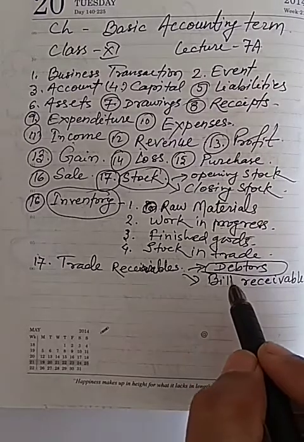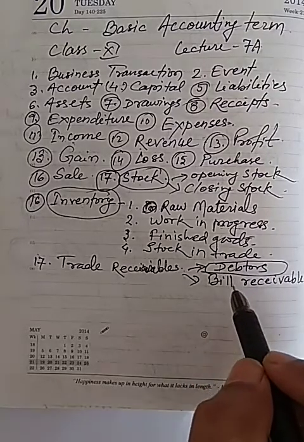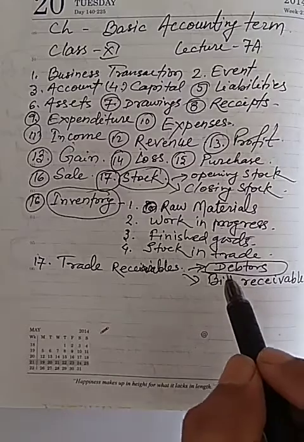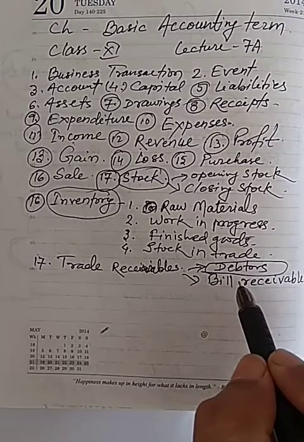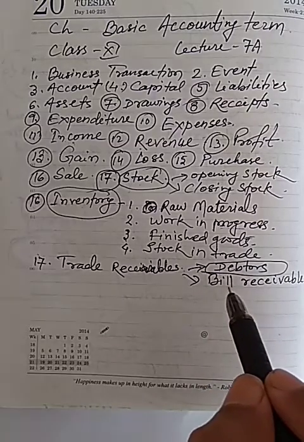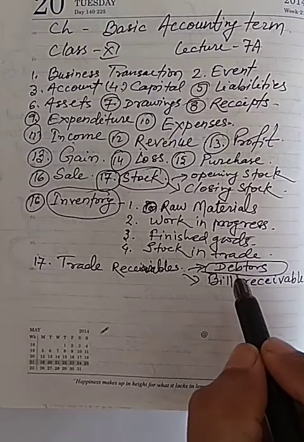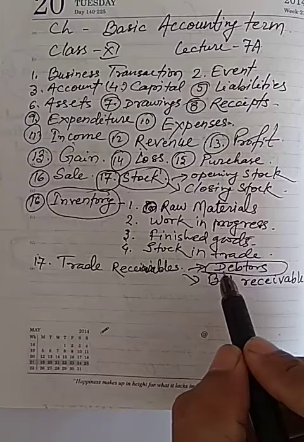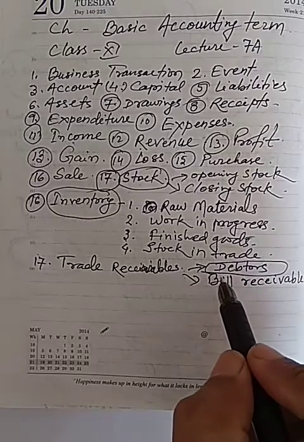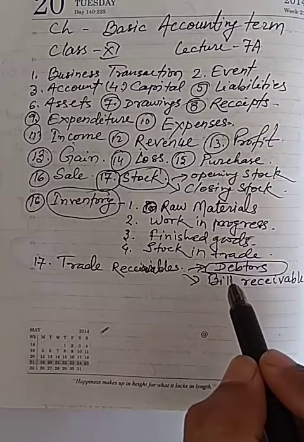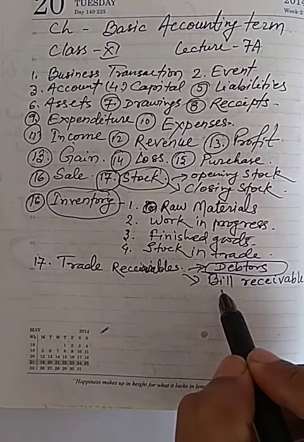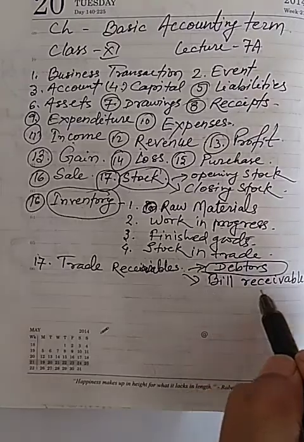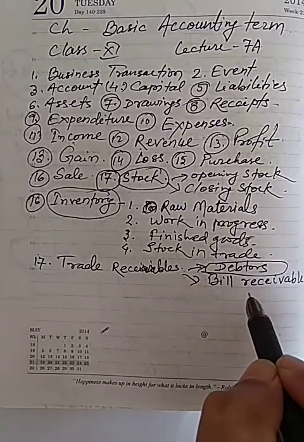For example, if goods worth 50,000 have been sold to Ram on credit, he will continue to remain the debtor of the business so long as he does not make the full payment. Now, second thing is bill receivable.